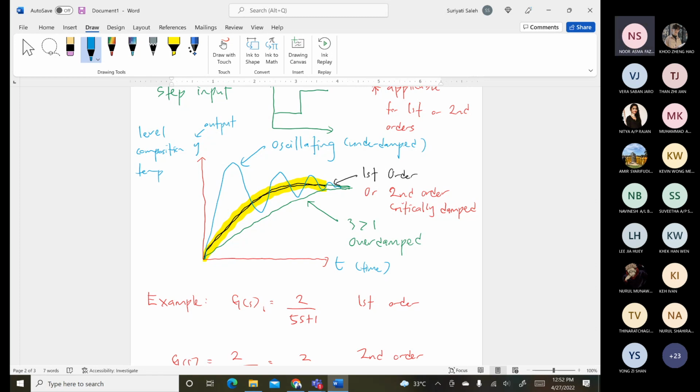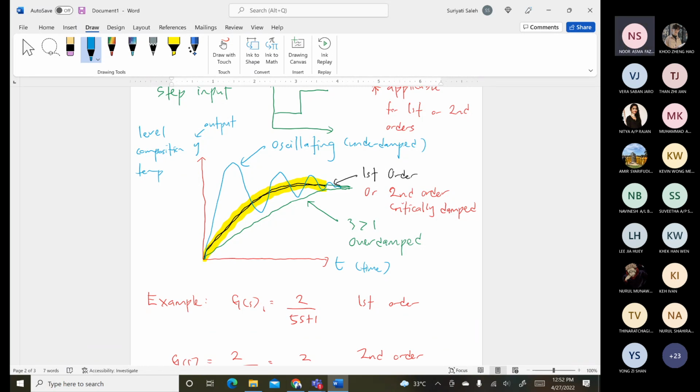So for second order, you further classify based on its damping coefficient: either overdamped, underdamped, or critically damped. Lastly, this is the kind of response. Once you calculate the value against time, you plot, and you get this kind of response. So that is the main idea of the mathematical model for this subject.